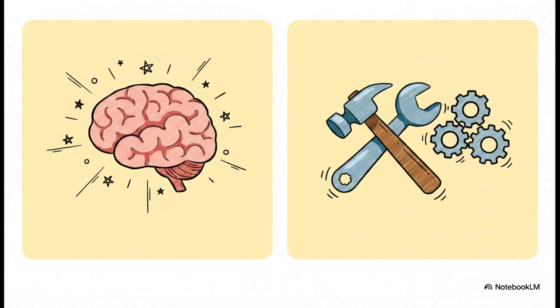Now, what's really interesting about this slide is the dynamic between how you think versus what you do. Human-centered design isn't just some abstract philosophy, and it's definitely not a rigid checklist either. It's actually both a mindset, like a constant state of empathy and curiosity, and a highly actionable process. It's literally a way of looking at the world, paired right up with the tools to actually change it.